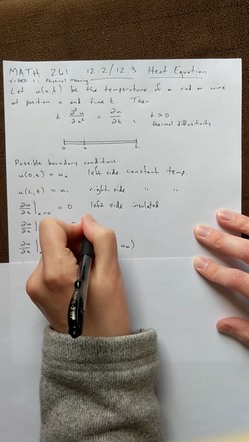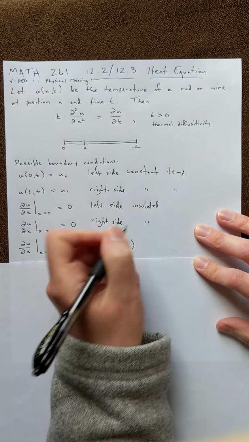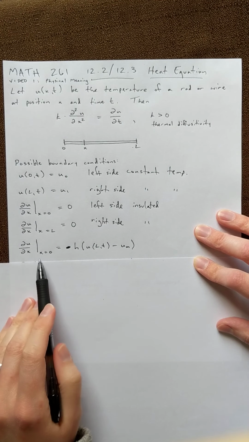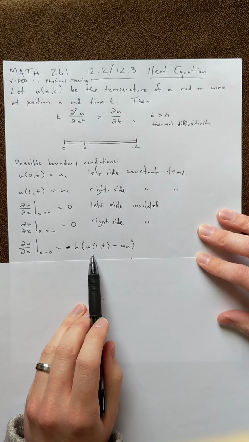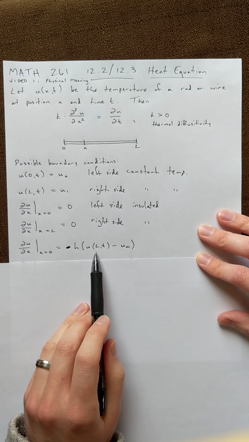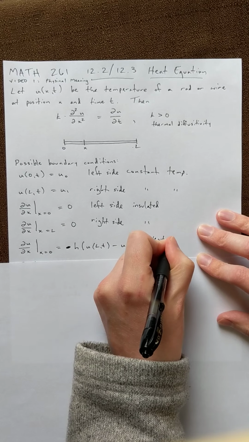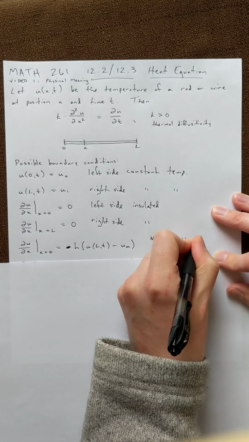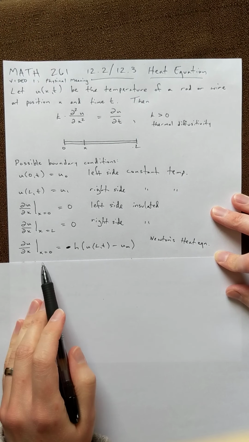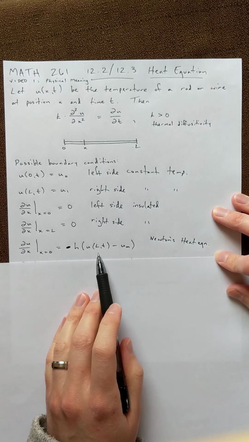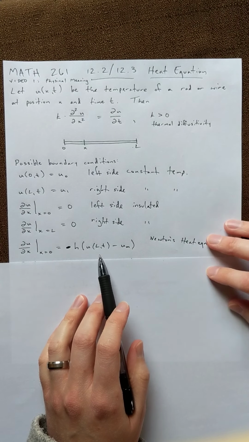Okay, same thing here, only it's the right side, because we're using x is L instead of x is 0. And this one's a little more complicated. It turns out to be some variation of something we've seen before, Newton's heat equation. Basically, I'm not going to look at many examples that look like this, but this would be if the rod is sitting inside of a medium, such as it's in water at 30 degrees.